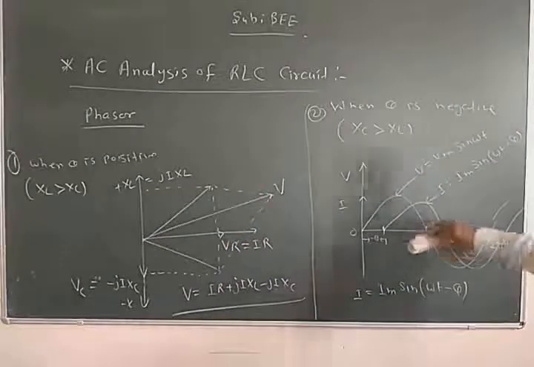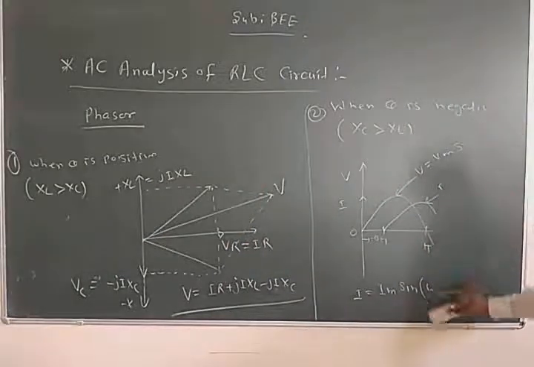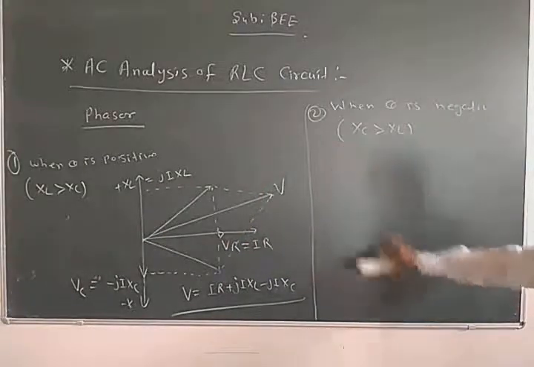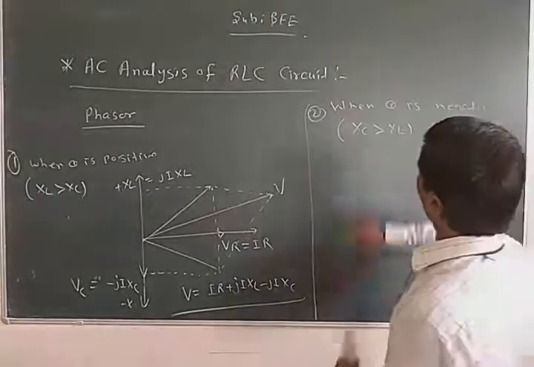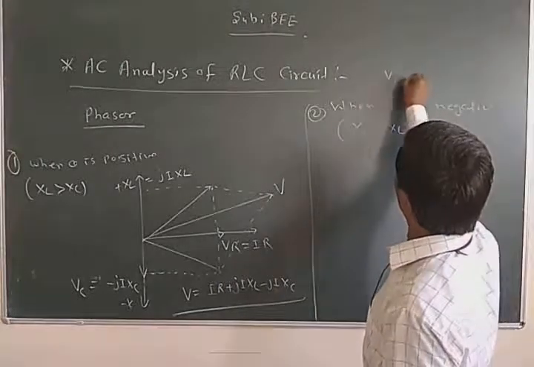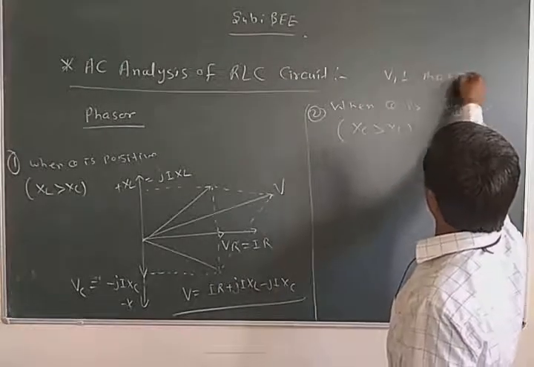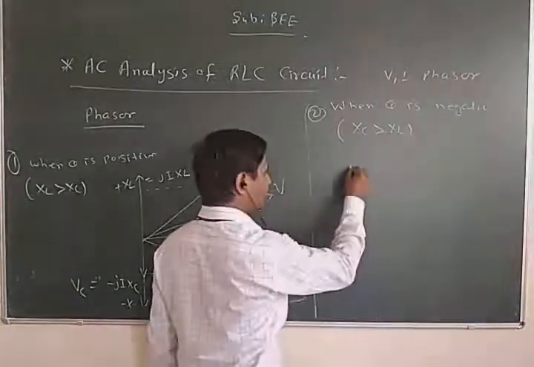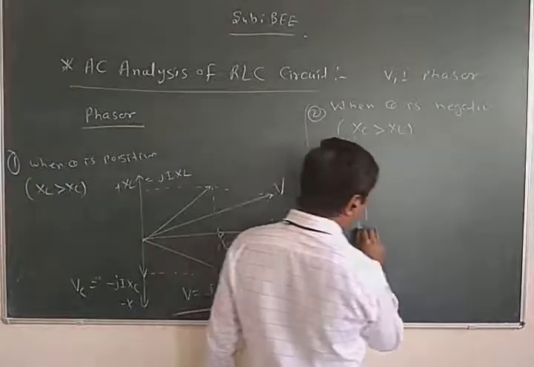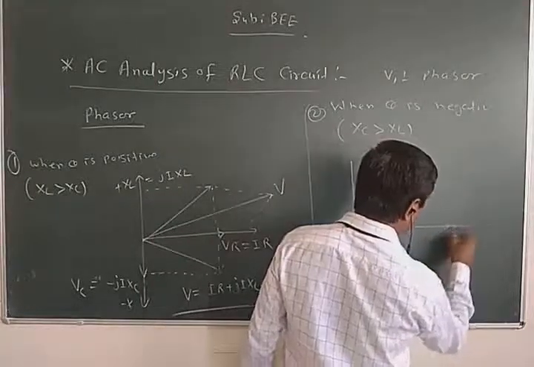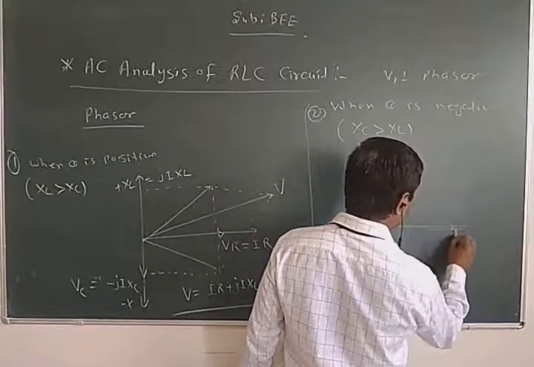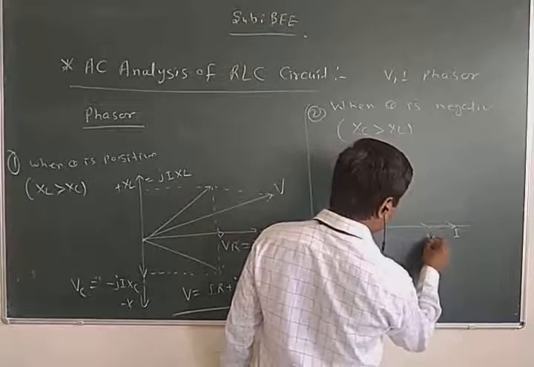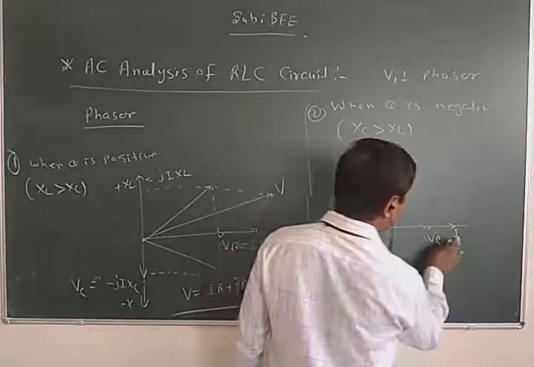Now in the second case, the voltage-current phasor. How can we draw it? Here we take the reference as the current I. So VR is here, VR is equal to IR.